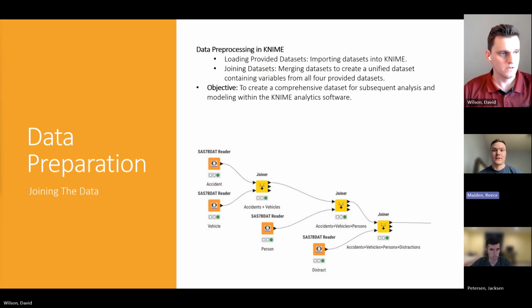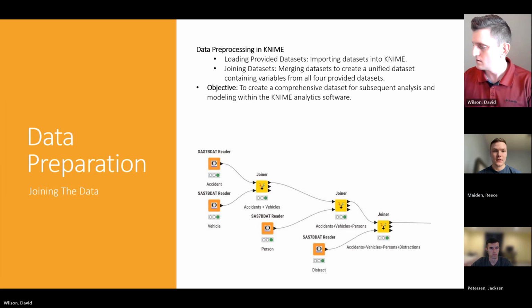So for this project, we are using KNIME as our sole software system for data preparation, data cleaning, as well as model building. The first steps in KNIME that were taken are to load in the provided data sets and join them. You can see in the image below that the orange nodes are the SAS readers, as the initial data was in a SAS file.